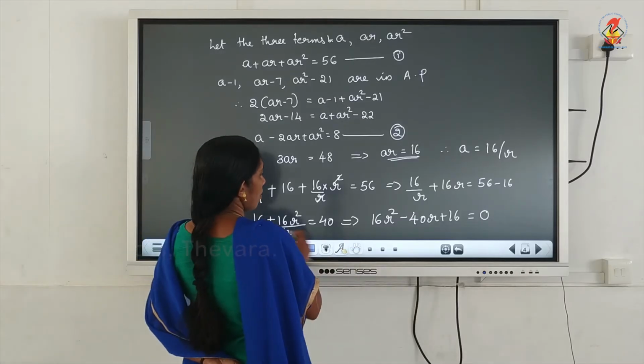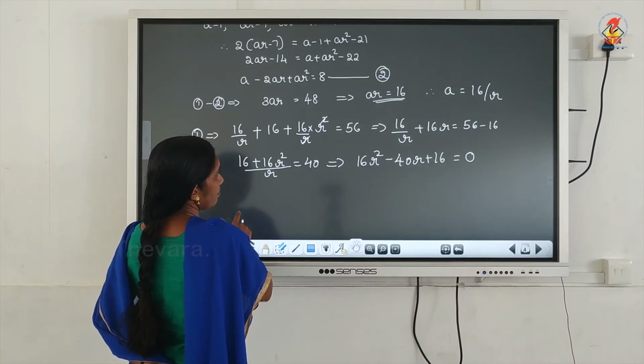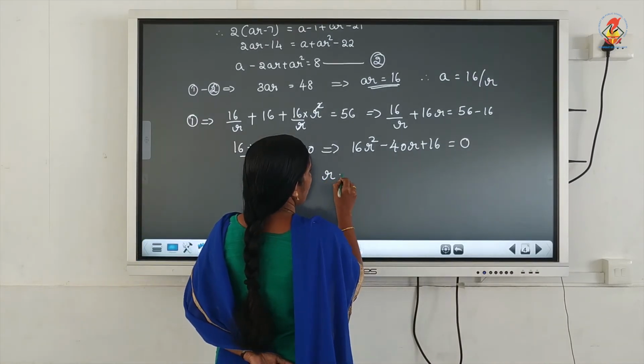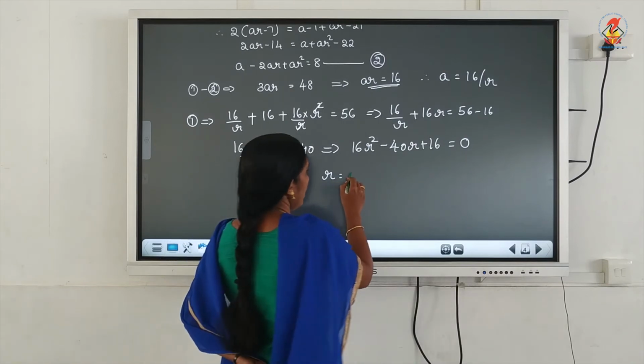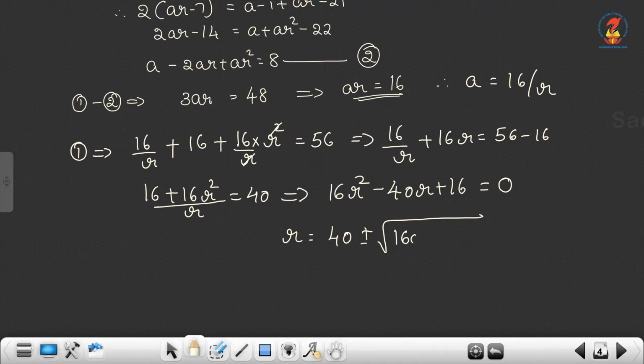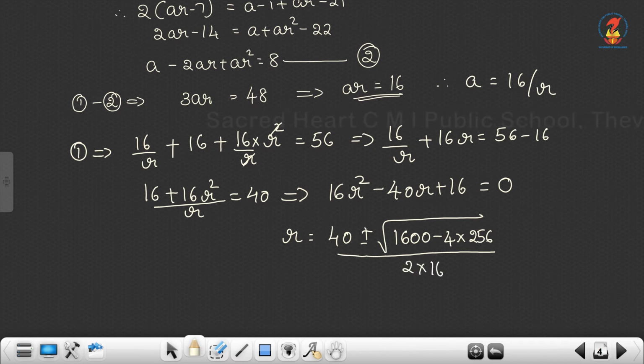Now we have to solve this quadratic equation by using the quadratic formula. Minus b plus or minus root of b square minus 4ac. 4 into 16 into 16, that is 256, by 2a, 2 into 16.